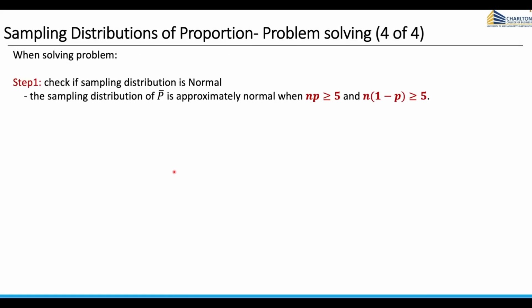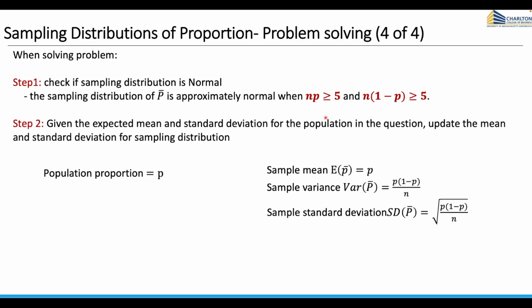In order to answer questions regarding the sampling distribution of proportion, these are the steps you need to take. Step 1, check if the sampling distribution is normal by checking that these two conditions are met. Second, update the features of the sampling distribution.